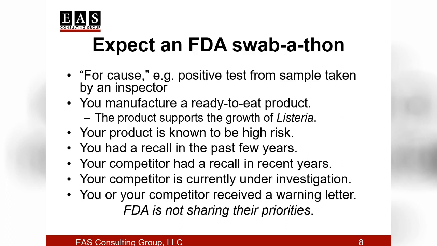And then if you have any facilities that are associated with you, if you're part of a large corporation, multi-facilities, those other facilities will probably see the FDA as well. And then keep up with the recalls of your competitors, past and any current investigations, and also the warning letters. And you can sign up on the FDA website to receive notices of those.